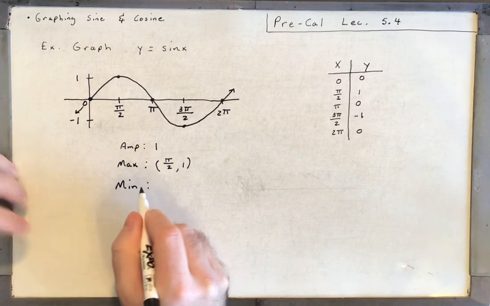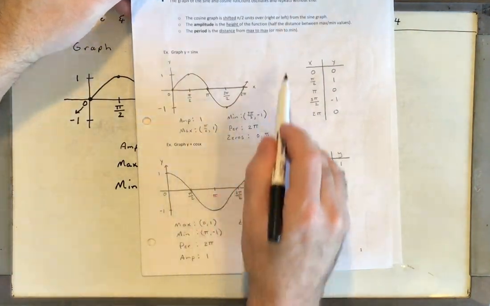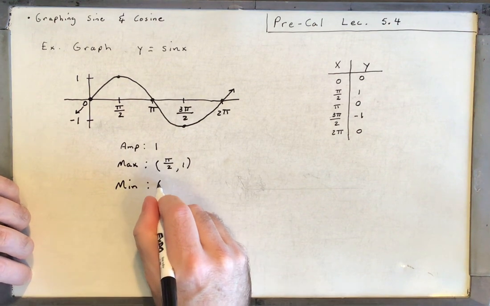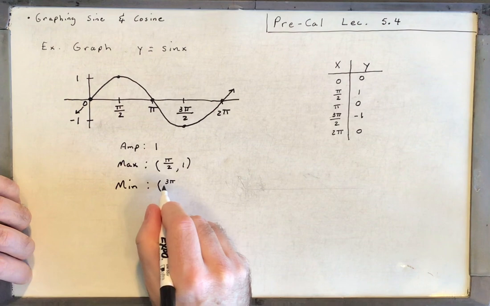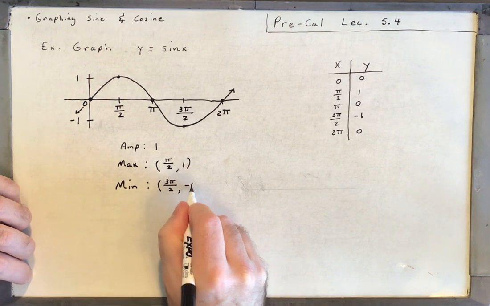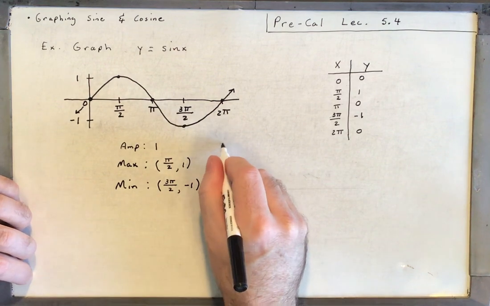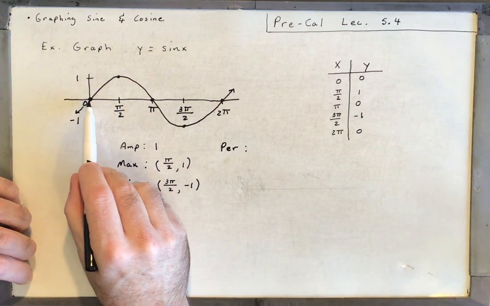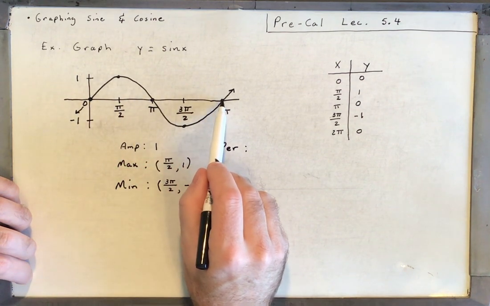The minimum, now you can write all this down underneath where you did your graph, or anywhere where you have some space. The minimum occurs at the x value 3 pi over 2. And that minimum value is -1, so we call that a min. The period is the length of one cycle. Okay, so we start at 0, and the whole thing starts over again at 2 pi.